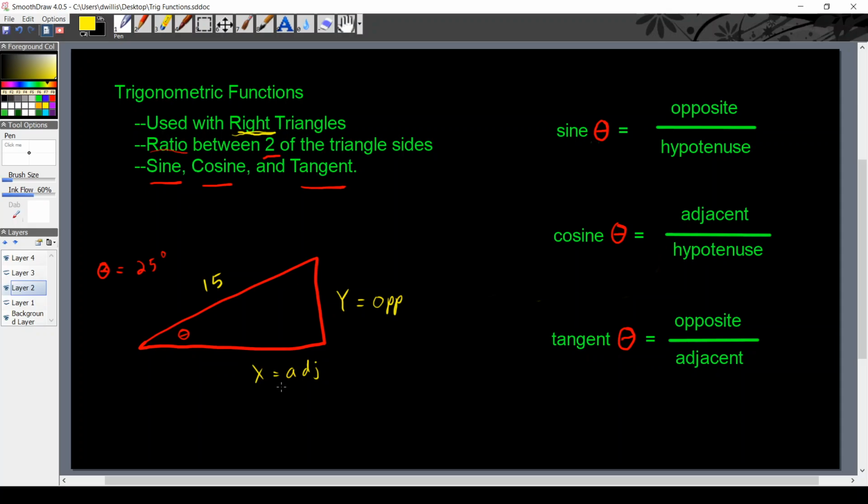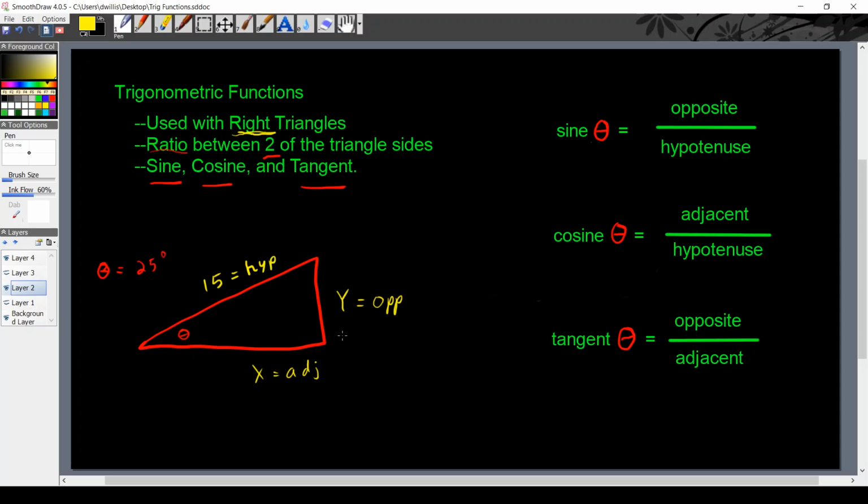Okay, so let's remember that as we go through. Now, let's say that I'd like to find the value for y. I'd like to find the value of this. Now, 15 of course is my longest side, and so that is going to be equal to my hypotenuse.